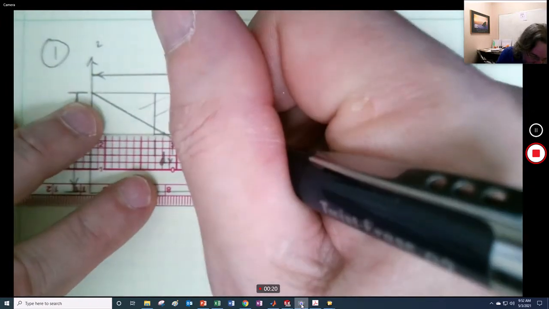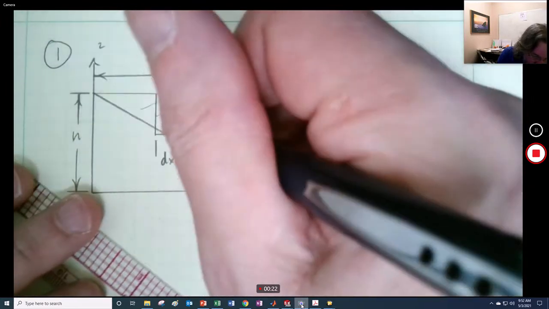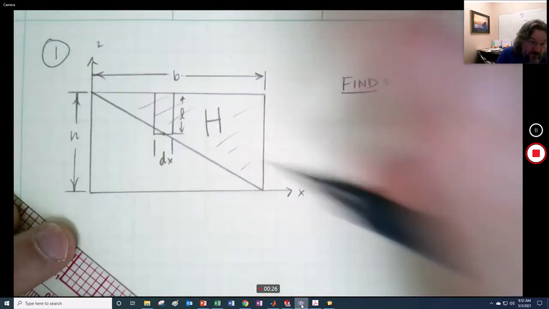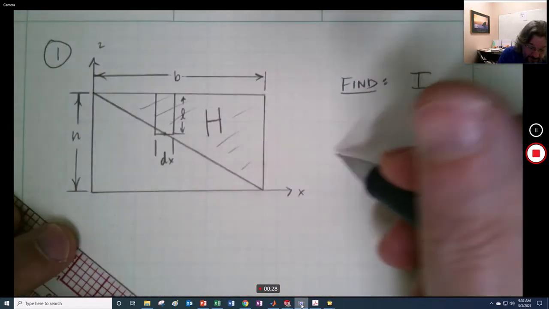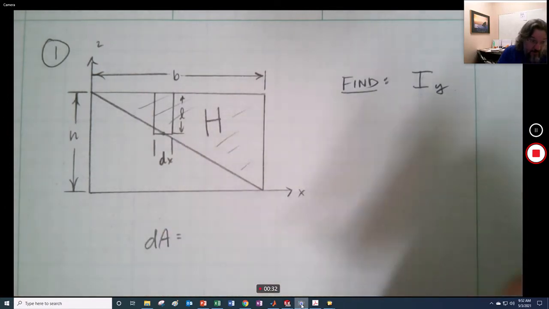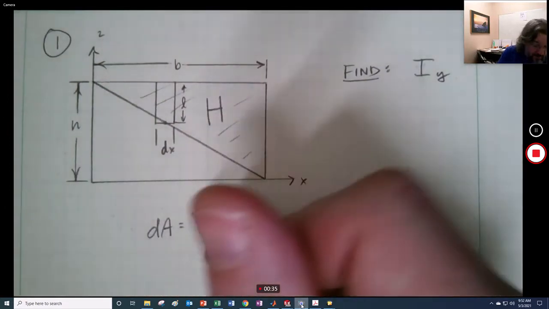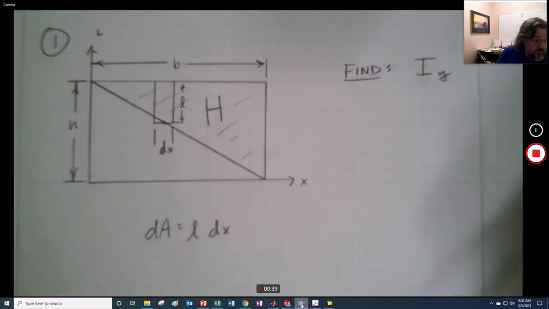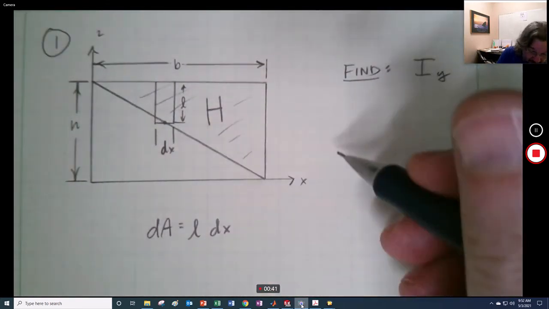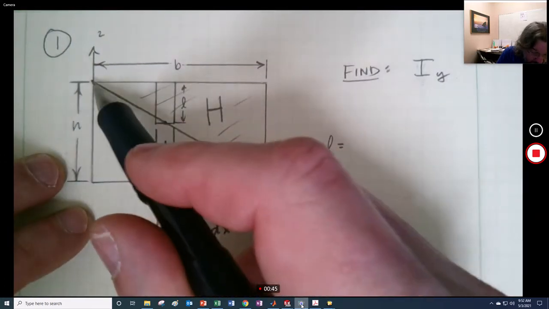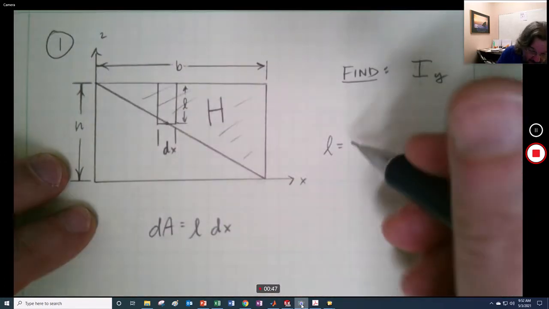Let's call the height of this thing L, because I already used h for this right here. So we'll say that dA, the incremental area, is going to be L dx. And we'll define L as h minus y.